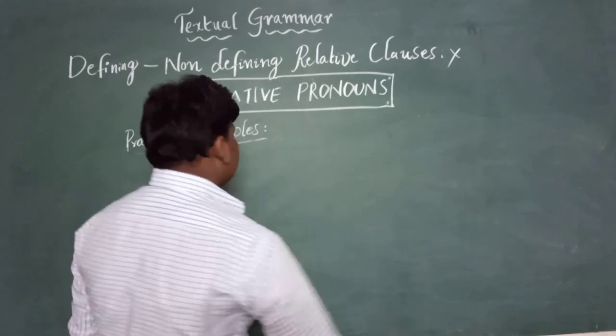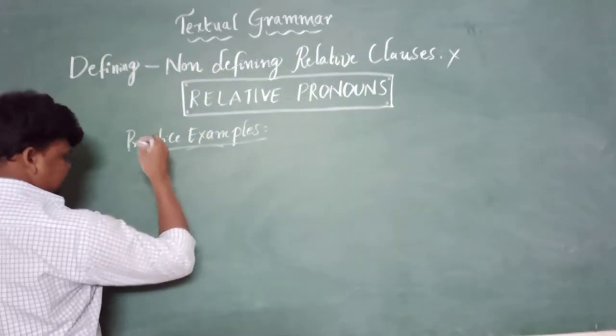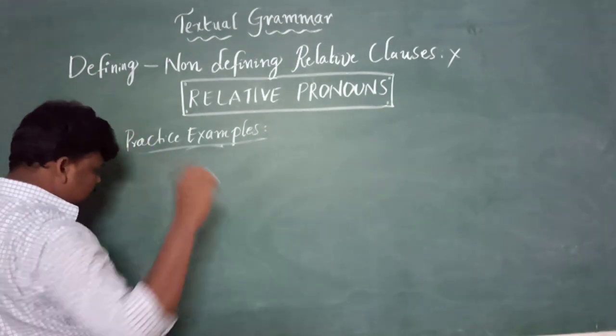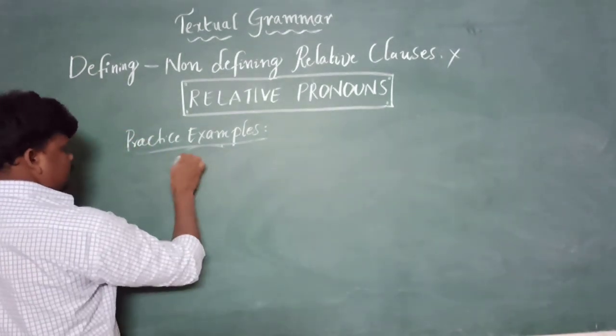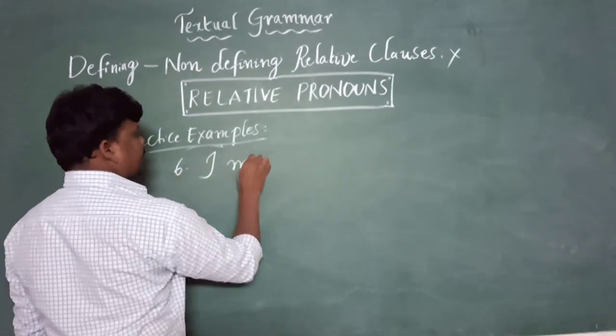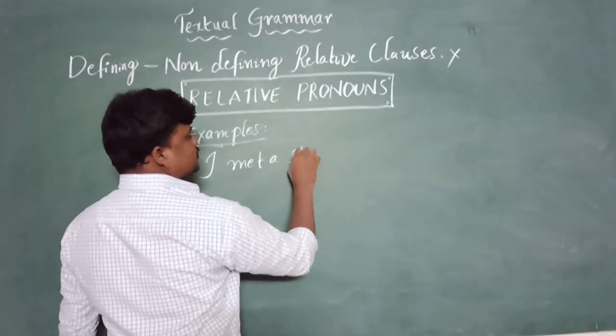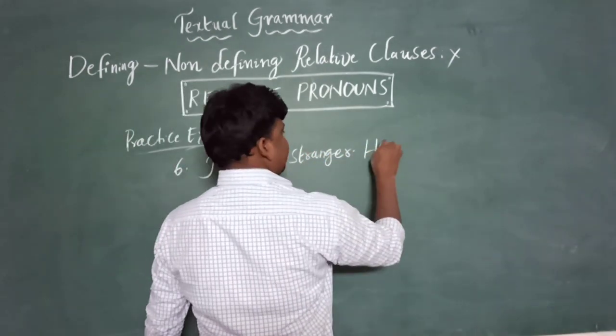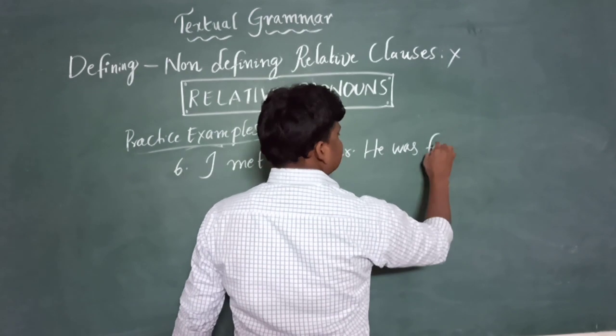Let's look into one more example, that is, the sixth one. I met a stranger. He was from the north.